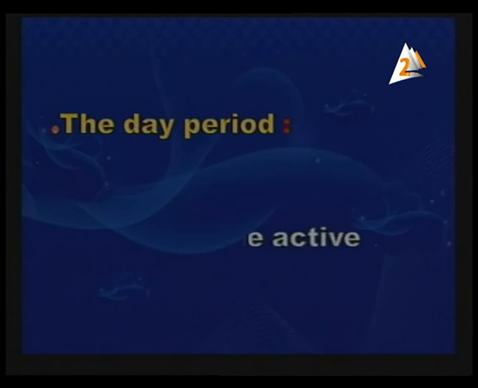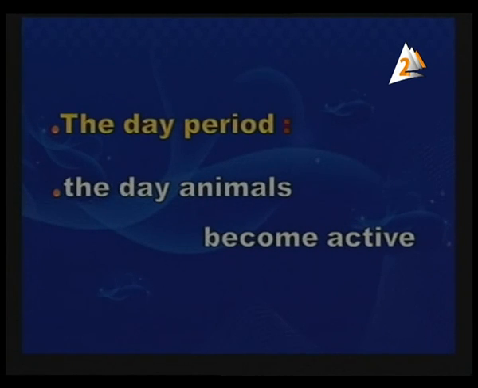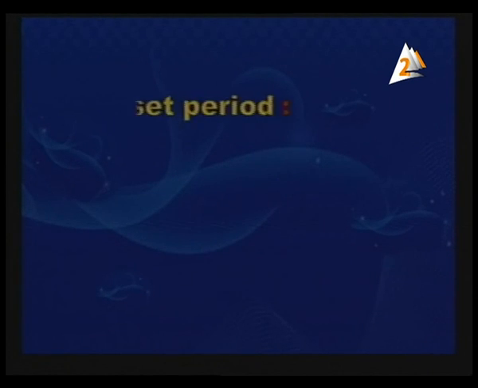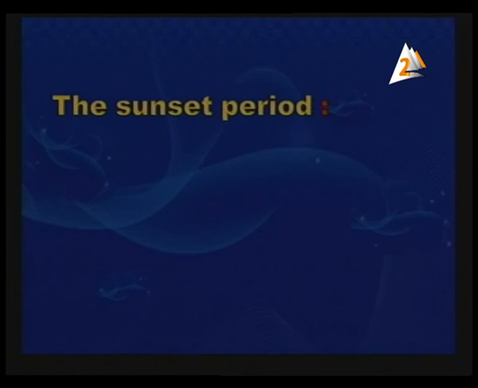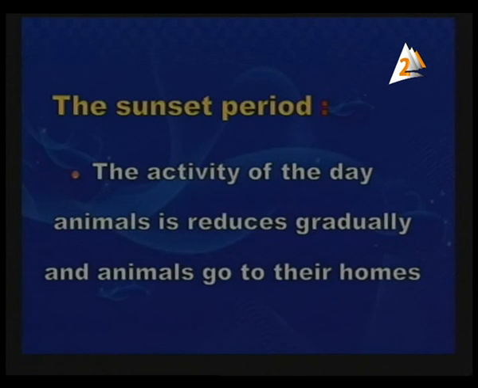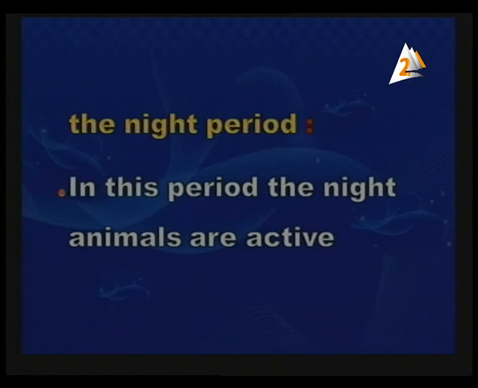Also, we have the day period animals. The day animals become active. Also, we have the sunset period. It is important for some animals. The activity of the day animals is reduced gradually and the animals go to their homes. And also we have the night period animals. In this period, the night animals are active.